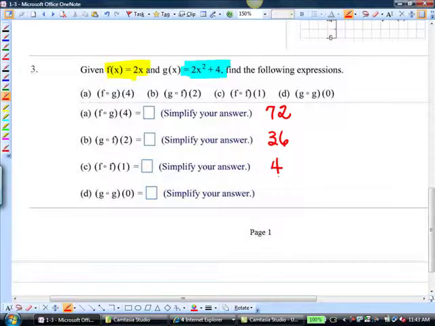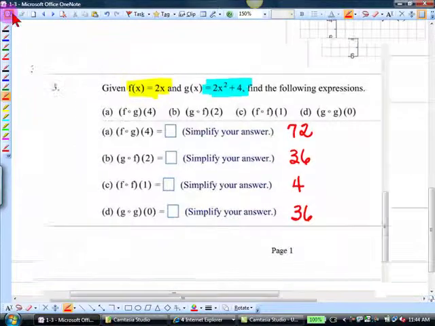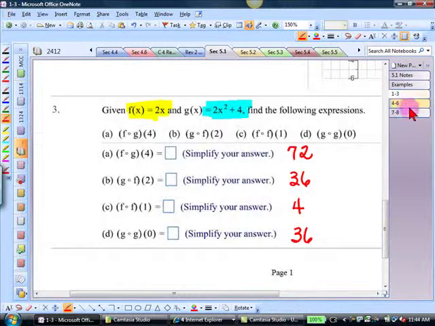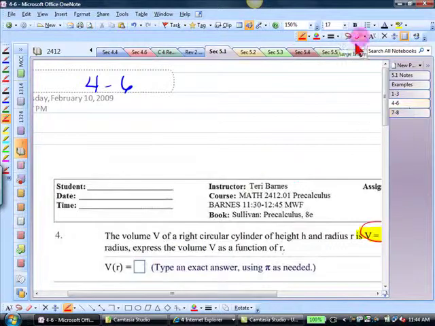And if you're not getting those, just check again. G of 0? 36. Okay. So we have looked at composites with tables, with graphs, and with equations, and asked to find some composite things. So you should be able to do those on that homework. Questions on those, on just finding those? Anybody? All right, then let's look at these questions.